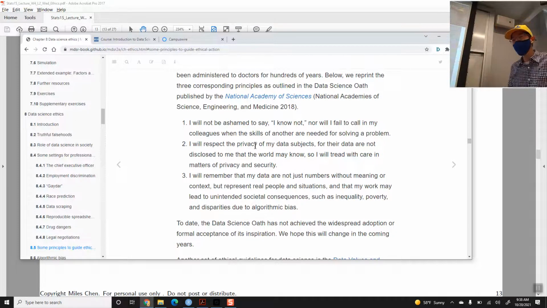For example, if we gather data from people, we should respect the privacy of their data. This is becoming a hotter topic in the news, and people are starting to realize how much of our personal information is now out there, right?